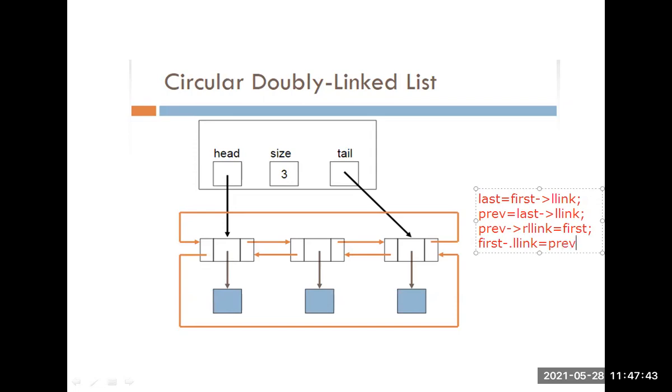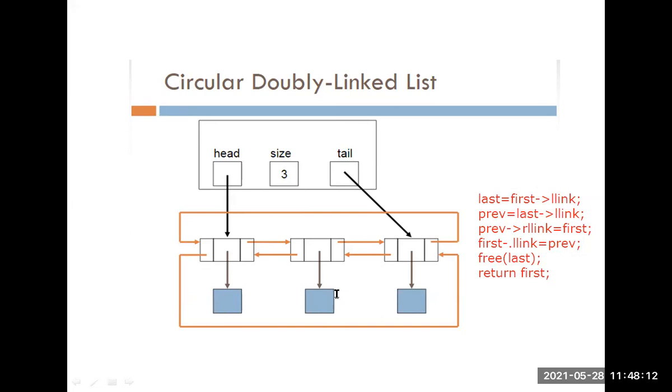The previous is this node address. Okay. Then free last. Then return first. First is the first node address. So in this way, you have to delete at rear end.